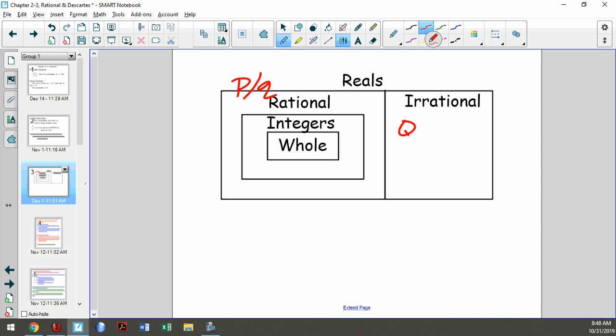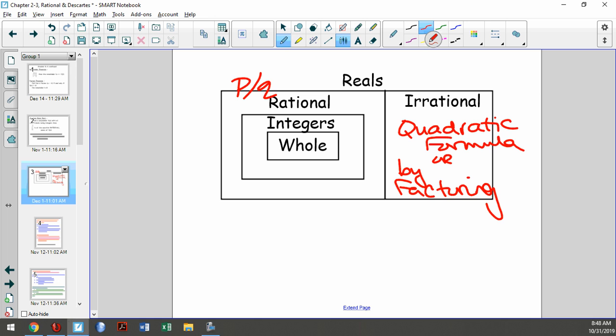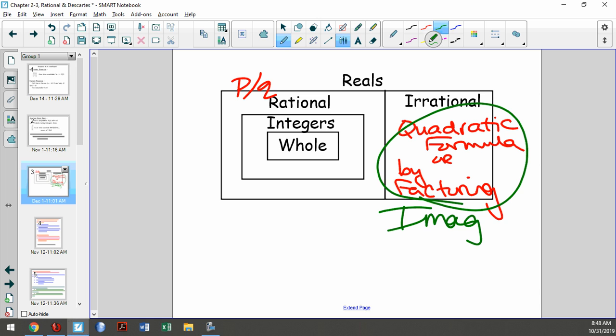The irrational box is found by using the quadratic formula or by factoring. And similarly, the imaginary numbers are also found the same way.